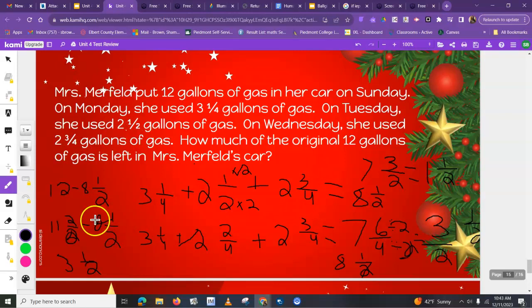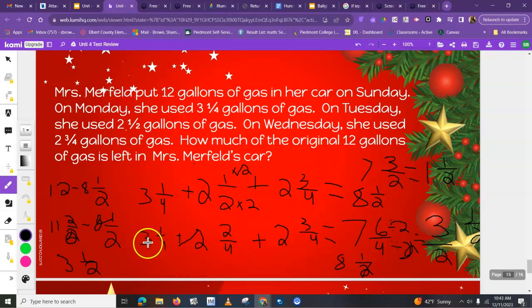So in order to add those, my time is about to run out on this video. So I had to add, and these two denominators were already the same, the 3 1/4 and the 2 3/4. So I didn't have to change those, but I did have to change the 2 1/2 to have a denominator of 4. So I did that by multiplying both the top and bottom by 2, so that gave me 2 2/4.